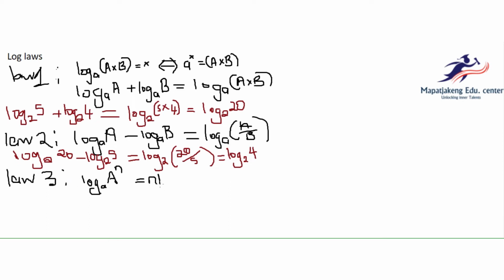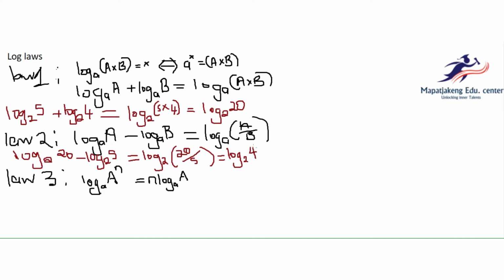It's going to be n times log base a of the power. It just moved from exponent to coefficient. Remember, this exponent n is not the same as the small letter a as a base.